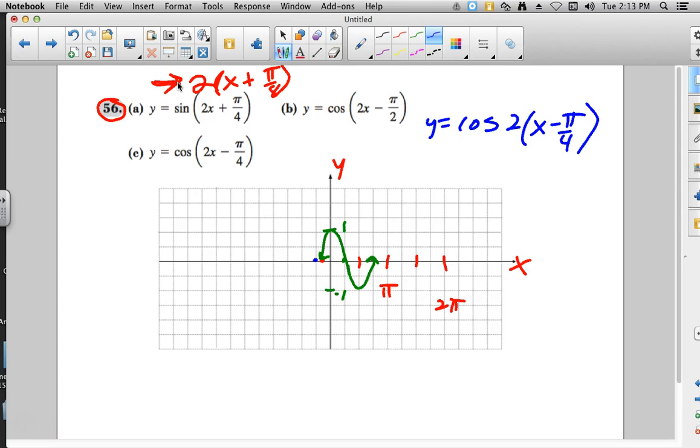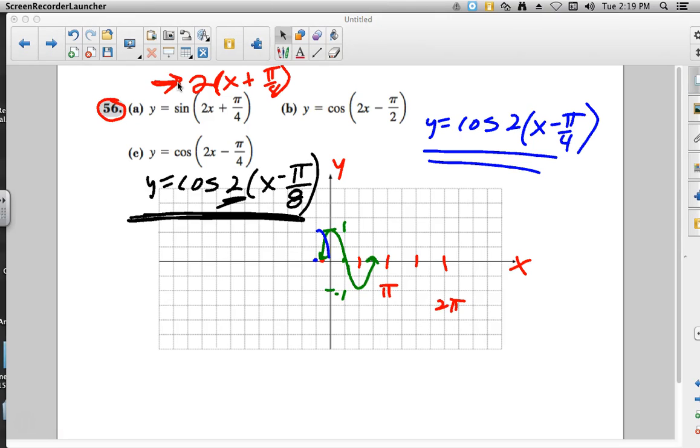And this one has a 2, which again means it's been horizontally shrunk. But at that negative pi over 4, I can see that we're going to have a little trouble getting this to match up with that graph starting high with cosine. So I'm kind of throwing this one out, but it's multiple choice, so we can always come back to it and take a second look at it if things aren't working out well.